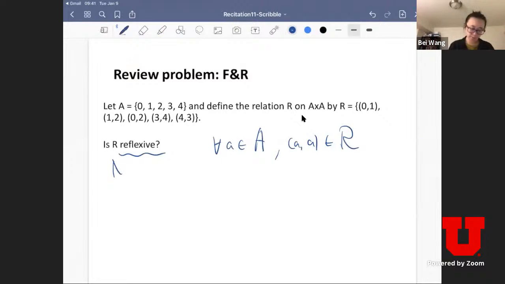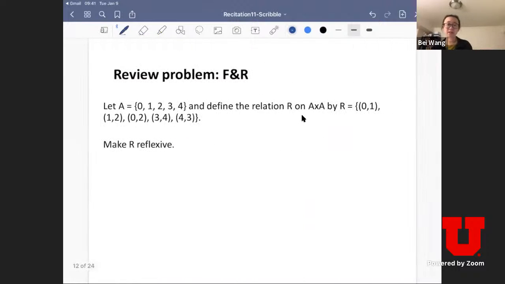So the answer is, well, please pause the video and then resume it. So the answer is no, R is not reflexive, right? Because, for example, (1, 1) is not part of R, okay? So then the next question is, how do we make it reflexive? As I hinted before, you need (a, a) in there.